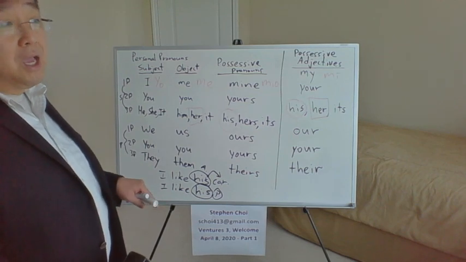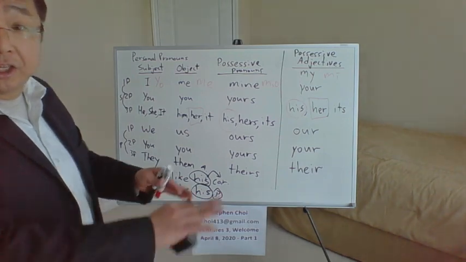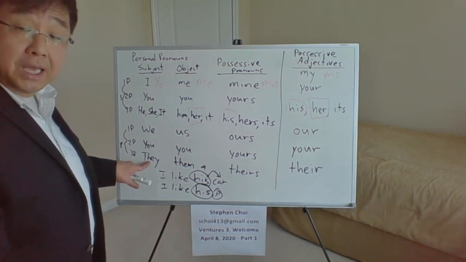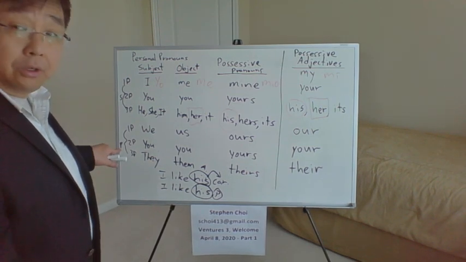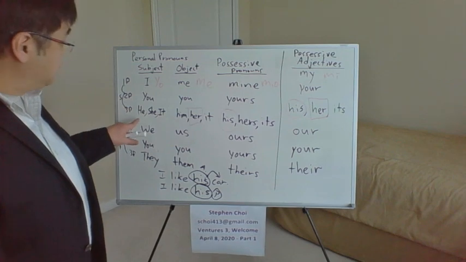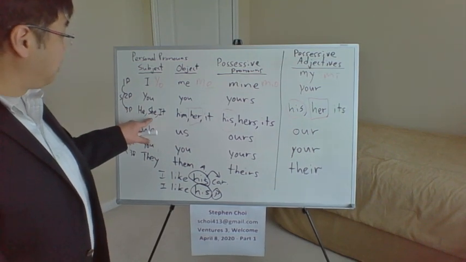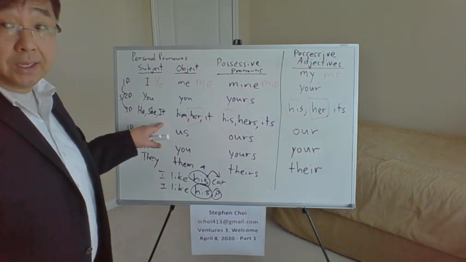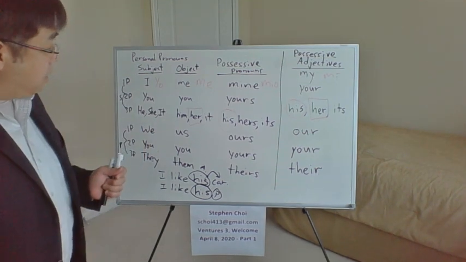We can say they are clean, as in the tables are clean. So they can be used for things and people. We don't have distinctions in the plural, but in the singular we use he and she for people only, and it is for things, objects and animals.